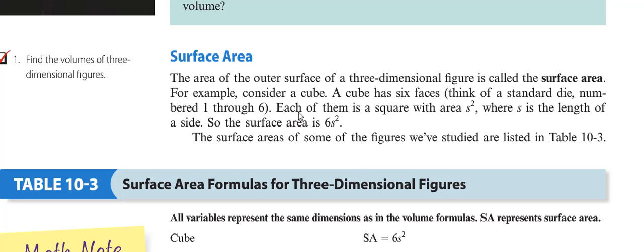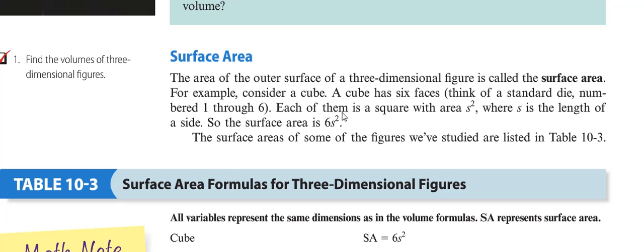Now, for the surface area, you're trying to find the total area of the faces of a solid. In other words, if you take that solid and you take it apart and flatten it out, then what would the area of the different surfaces add up to?